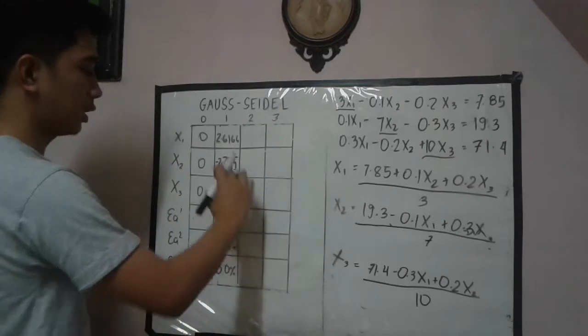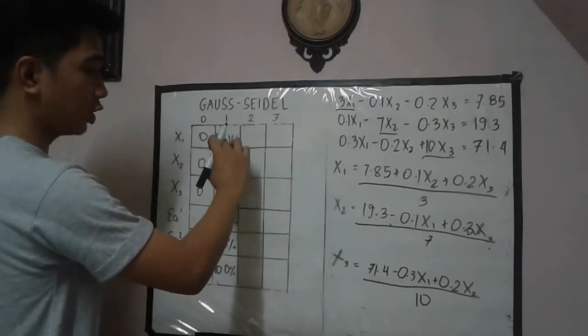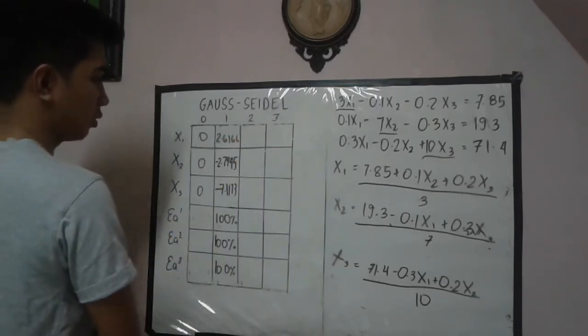So substituting our values from our first iteration will give us the new values.